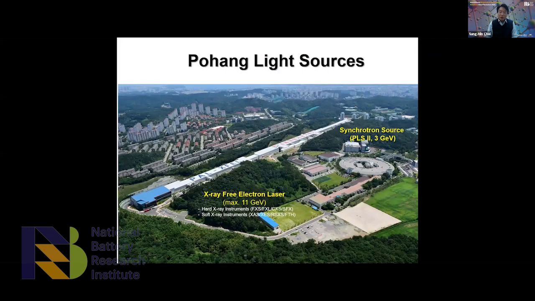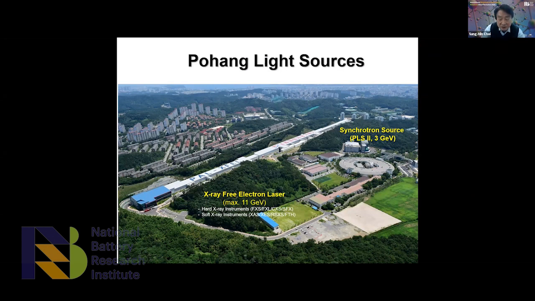This is the view of Pohang Light Sources. We have PLS-II, which is the upgraded version of the synchrotron, which has a 3 giga-electron volt accelerator, and then on the left-hand side, a very long straight section, about 1 kilometer long, is the X-ray free electron laser.